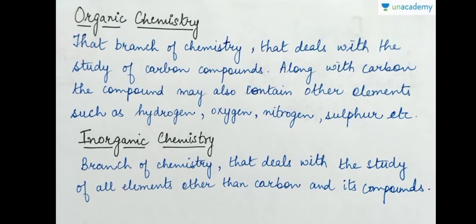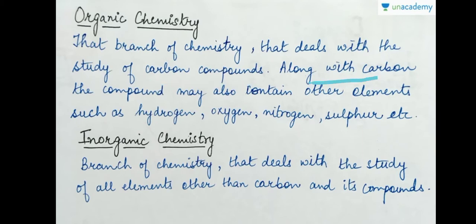Now, first of all, let us know what organic chemistry is and what the difference is between organic chemistry and inorganic chemistry. Organic chemistry is that branch of chemistry that deals with the study of carbon and its compounds.